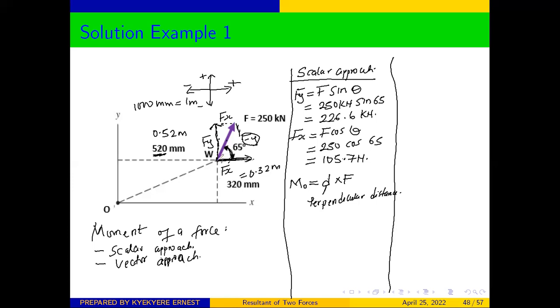And from the principle of transmissibility, we will extend the force up to this point. You can see that the perpendicular distance from the force to where we are taking the moment is O. So if the force is applied somewhere here, using the principle of transmissibility, then the perpendicular distance is going to be from this point up to that point for our f of x.